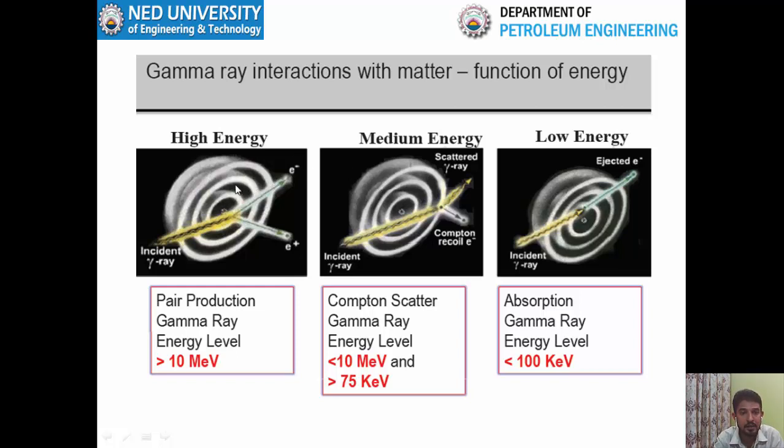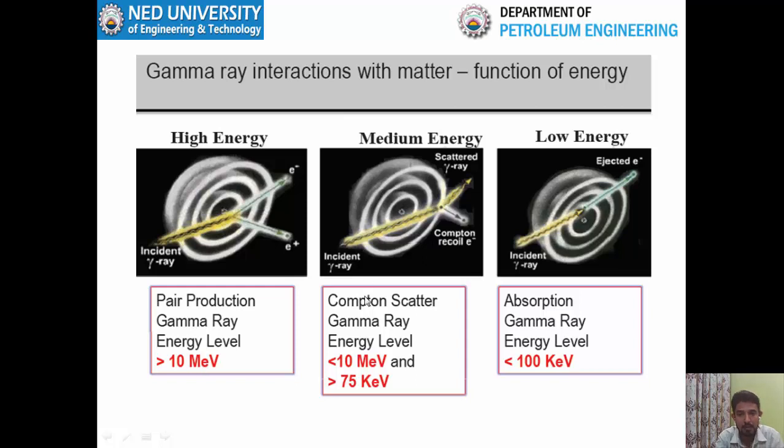When gamma rays have very high energy level, greater than 10 million electron volt, a phenomenon called pair production takes place. As you can see in this figure, when the gamma ray strikes the atom, it is basically converted into an electron and a positron. So this is pair production, and this phenomenon occurs at high energy level.